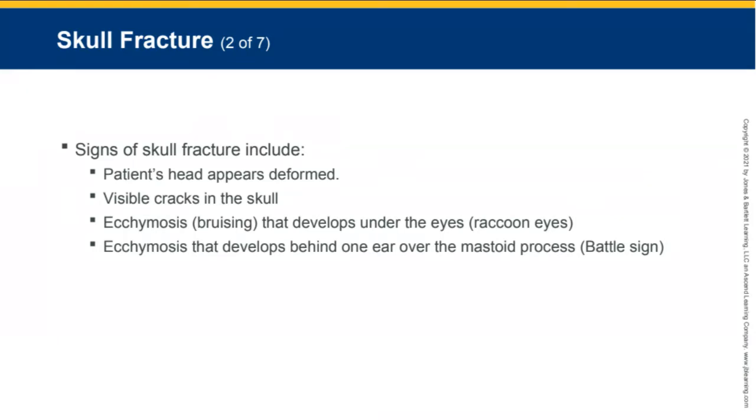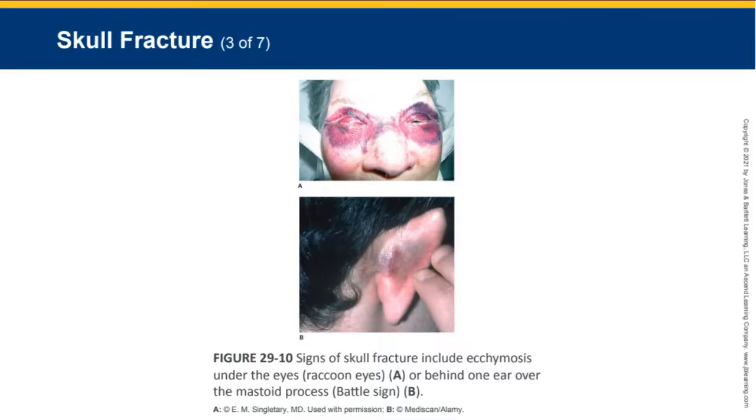So it's a late sign. And these two pictures show the top one is the raccoon eyes, the bottom one is the Battle sign. Signs of skull fracture include ecchymosis under the eyes, raccoon eyes, or behind one ear over the mastoid process, Battle sign.